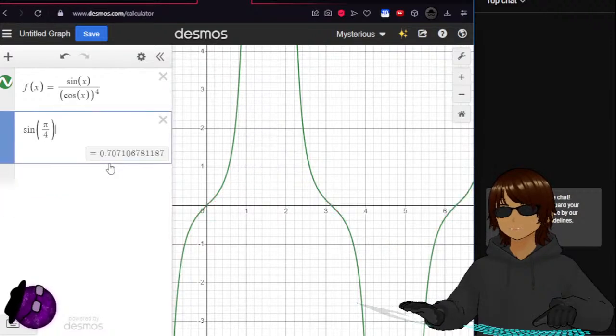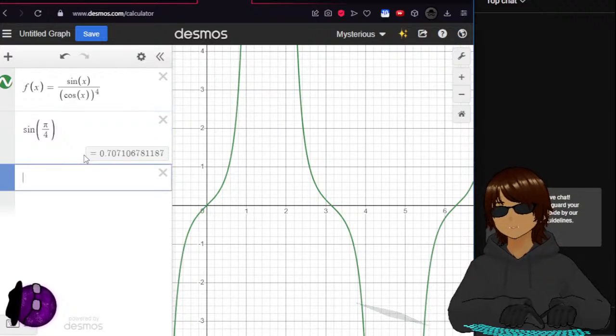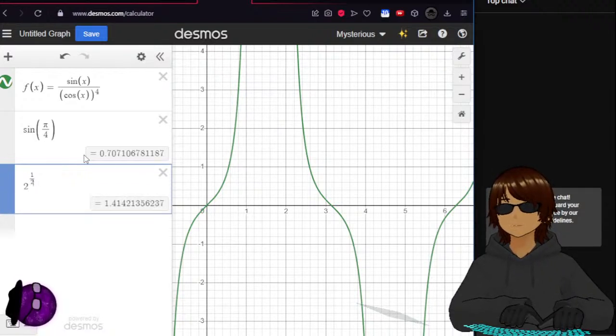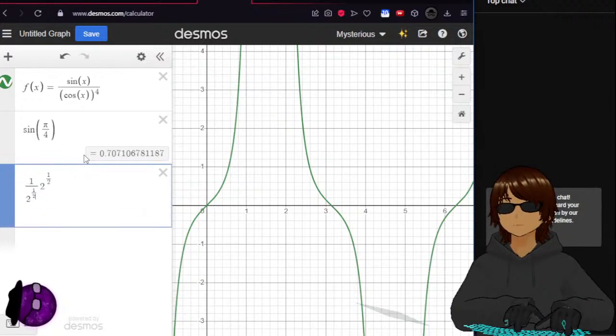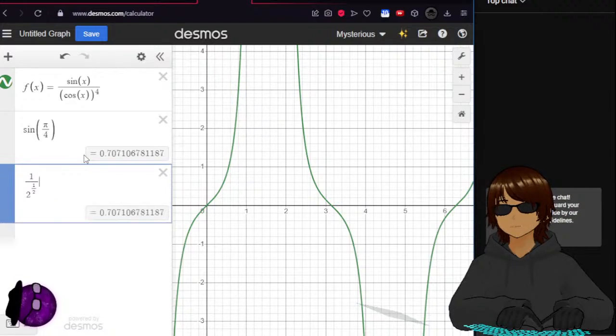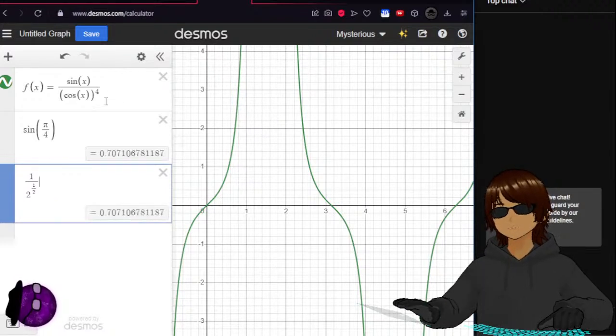Pi over 4 I think is root 2. Yeah, it's 1 over root 2.